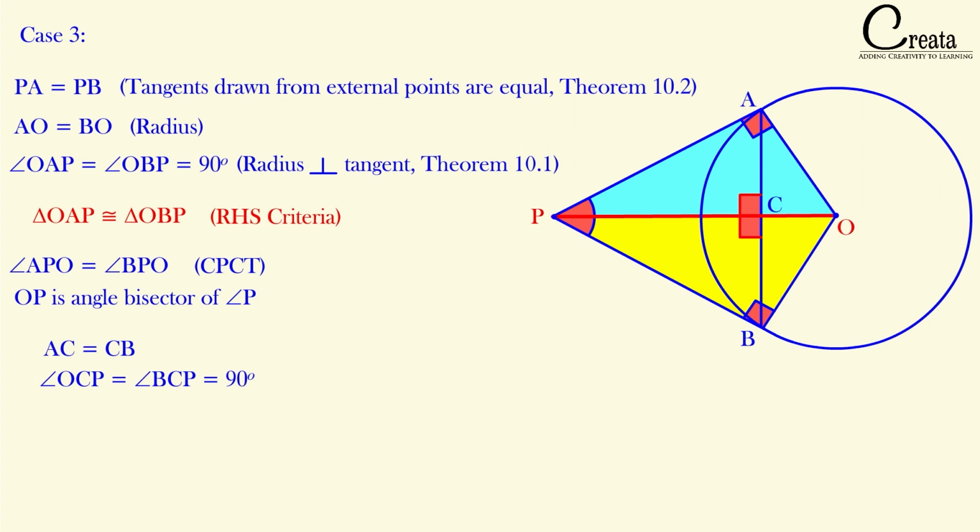You can apply the concept of the congruency to prove the same. Here these two triangles will also be congruent to each other, and these big triangles are already congruent that we have seen. And these two line segments are equal, these two angles are equal and both are equal to 90 degree, and these two angles are also equal. So this is one of the cases based on which many questions are asked.